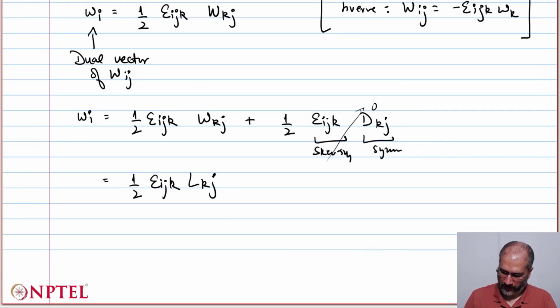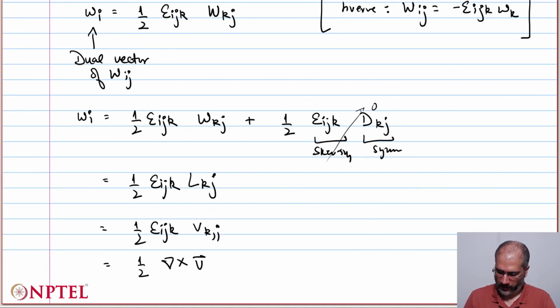And what was L? L was v_k comma j. And this quantity here is simply half times the curl of the velocity vector field.